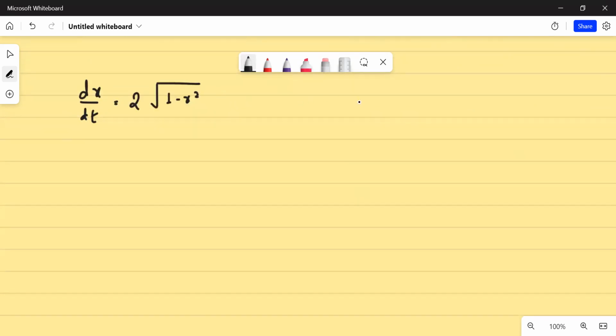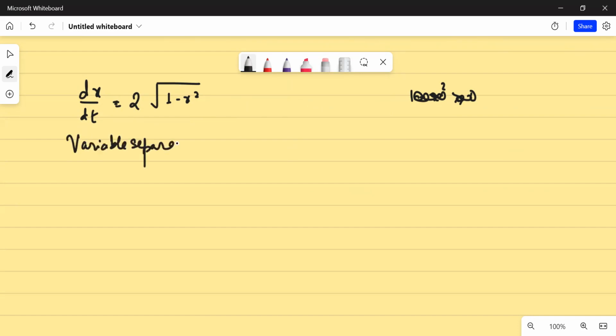The first thing that comes to mind is the domain of this particular thing, isn't it? So let us first fix in our mind what would be the domain. The domain would be only if 1 minus... Okay, so before that, in order to solve this differential equation, I would use something called variable separable. I hope you know this. What is variable separable?